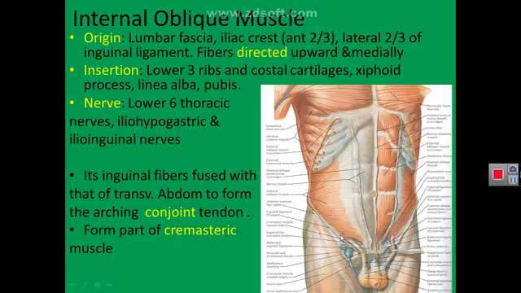After arching, the medial part of both muscles is aponeurotic. So the arching inguinal fibers of internal oblique and transversus abdominis medially form a tendon, which is called the conjoint tendon, that is attached to the pubic crest.